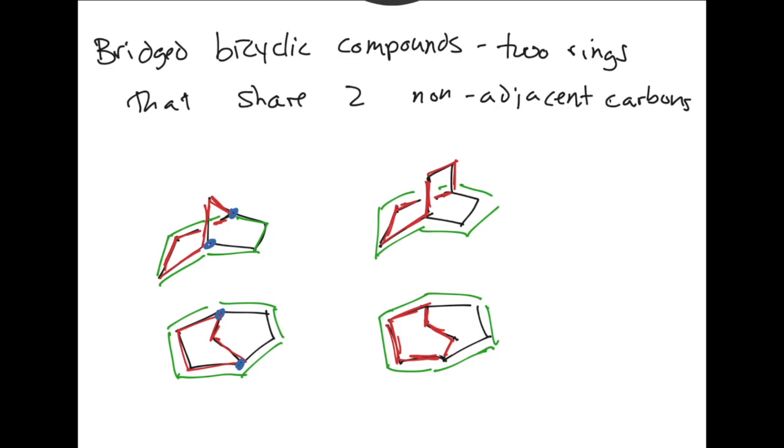Now, it's not only limited to the structures that we can make from our Diels-Alder reactions. You could have structures that are slightly harder to draw. I have a big 5-membered ring around the outside with a 4-membered ring inside.